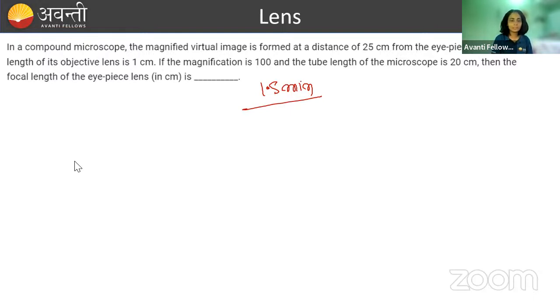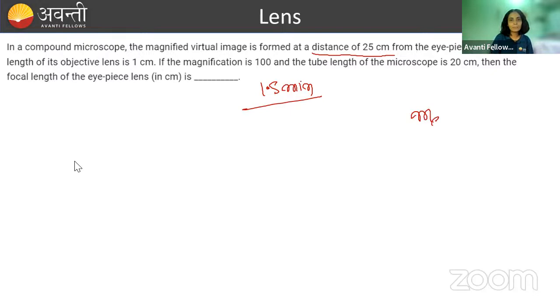If you're really here with the intention of learning. In a compound microscope, a magnified virtual image is formed at a distance of 25 centimeter from the eyepiece. So this is the case of near point, where the final image is getting formed at the least distance of distinct vision.